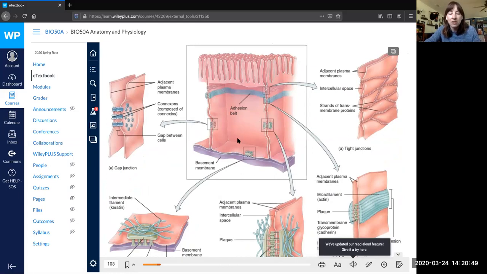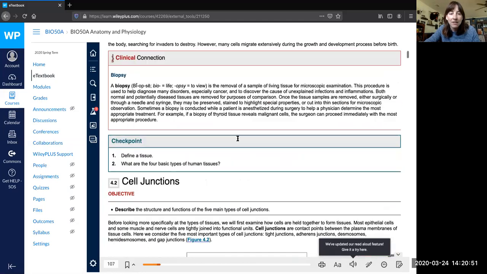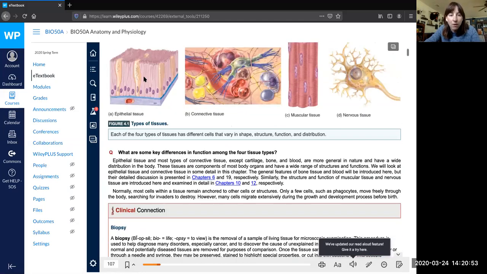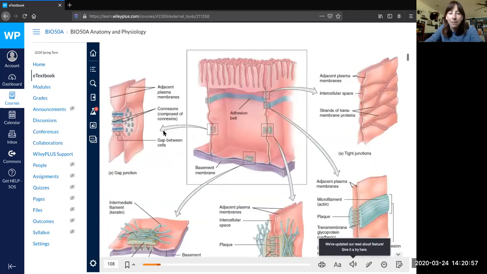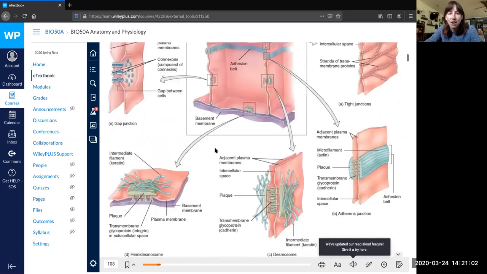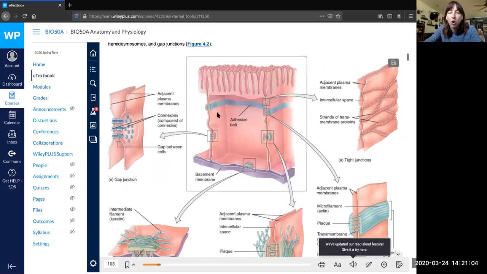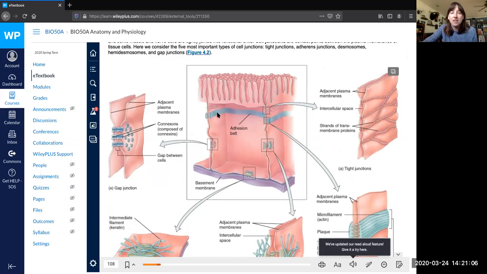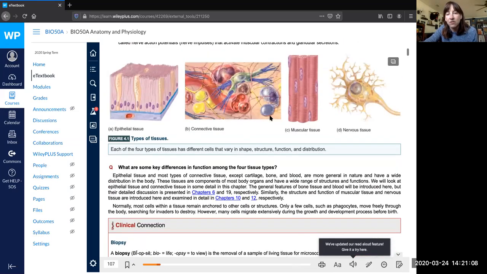So epithelial tissue is tissue that has cells that are all very closely packed together and have cell junctions of various types, right, which we had already talked about, that hold them very close together. These other tissue types, connective, muscular, nervous. Muscular, maybe they have a little bit of cell junctions, but for the most part, they don't have these tight junctions where all the cells are really close together.